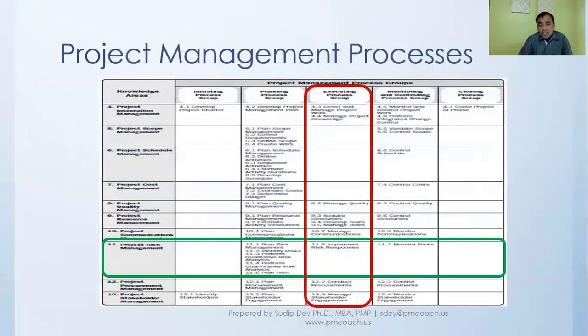And if you look at the intersection of the green and the red rectangle, we have one process, which is implement risk response. What it really means is that this process is in the risk management knowledge area, and it is applied during our execution of the project.